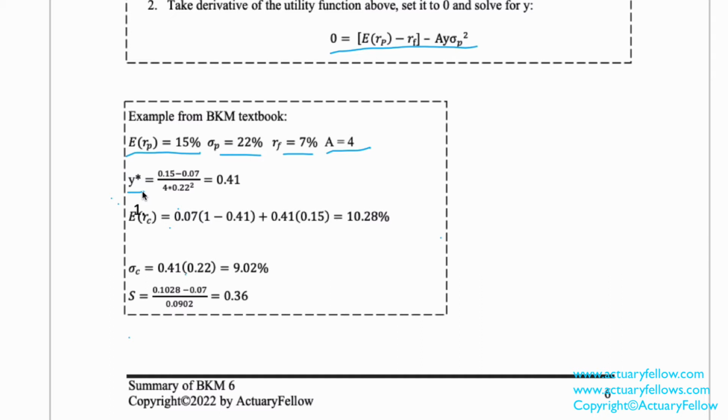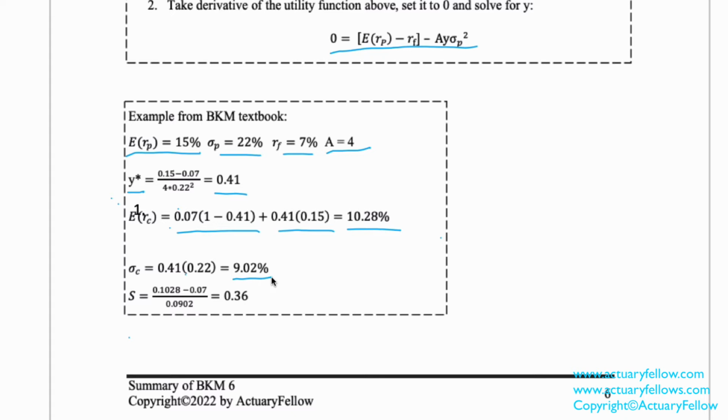equal to 0.41. The expected return of the complete portfolio is the weighted return between risk-free rate and the risky portfolio equal to 10.28%. The standard deviation of the complete portfolio is 0.41 times standard deviation of the risky portfolio 0.22 equal to 9.02%.